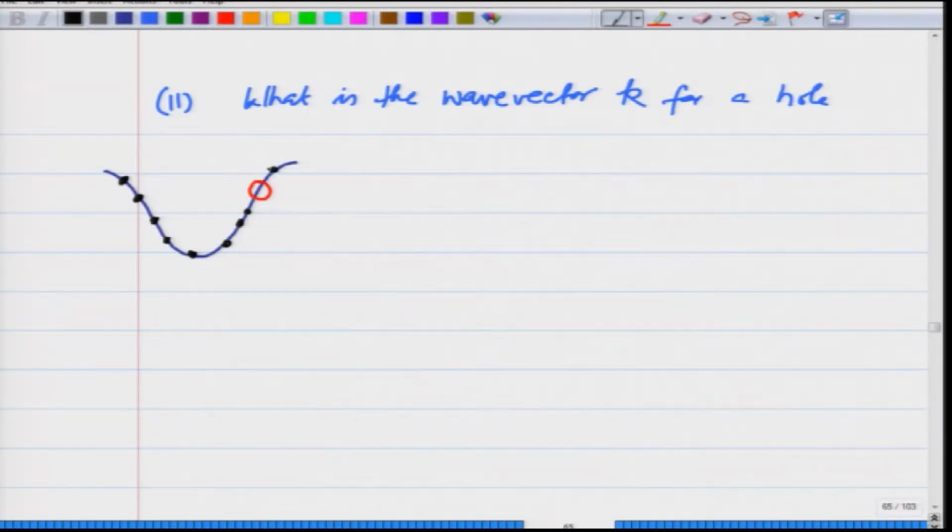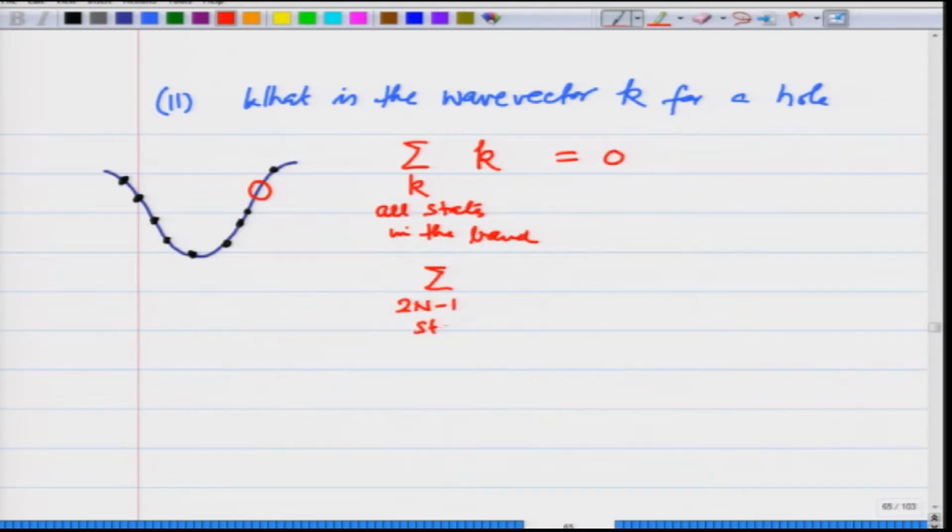I know that the summation of k over all states in the band is equal to 0 by symmetry, and therefore, the summation over the 2n minus 1 states is going to be equal to minus k missing.